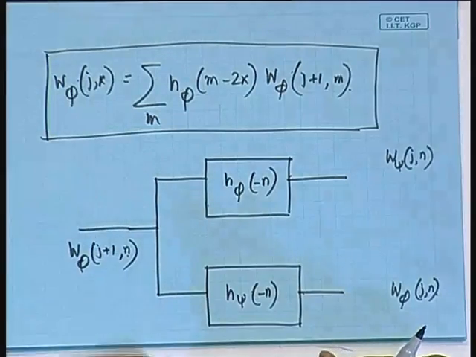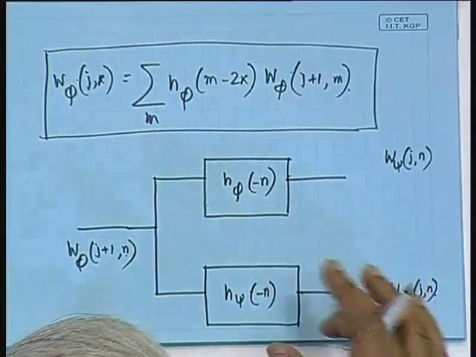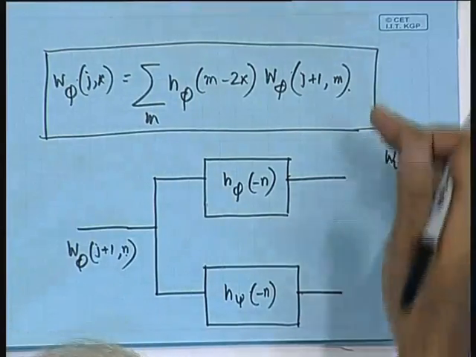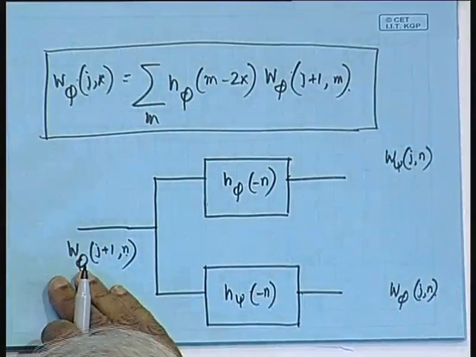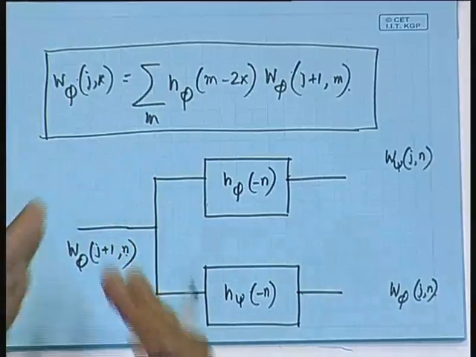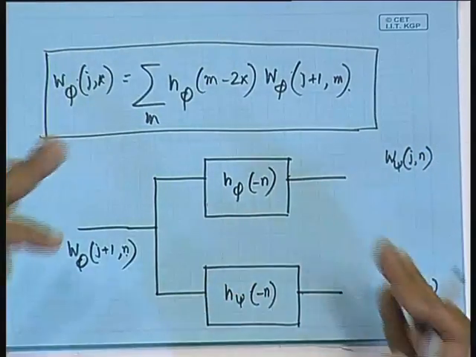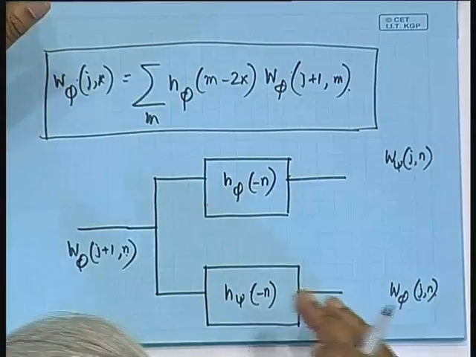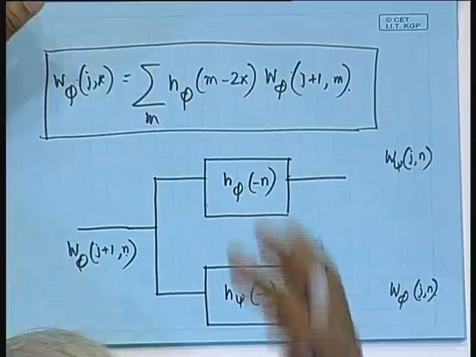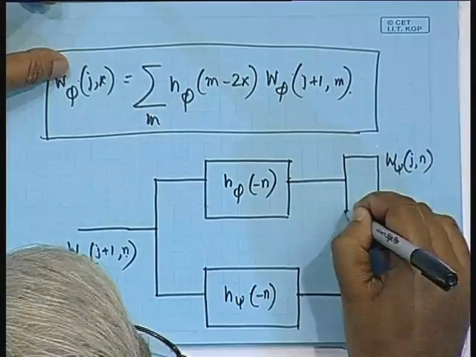And what we have to do is, so this is two filters. If you have this W phi j plus 1 n as an input, then you can get W psi j n and W phi j n out of this, but mathematically there is also a decimation by 2.